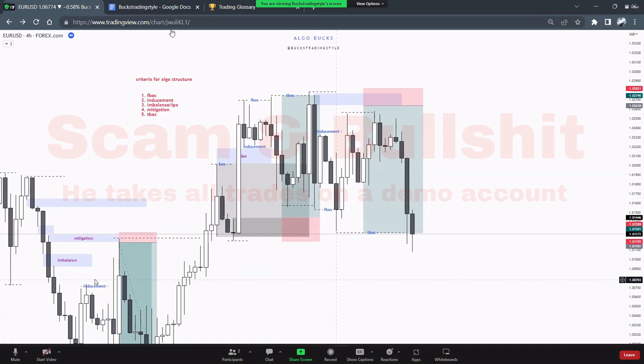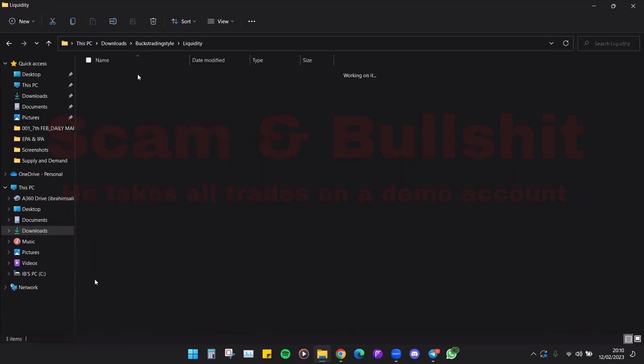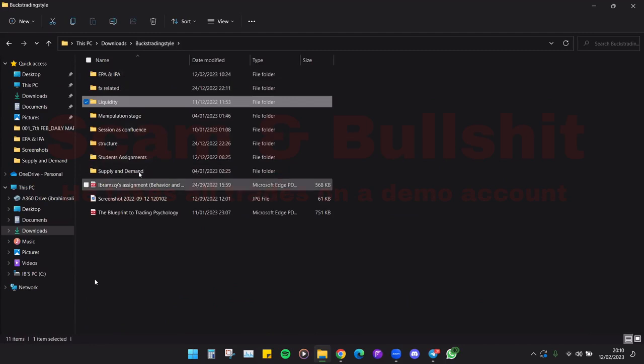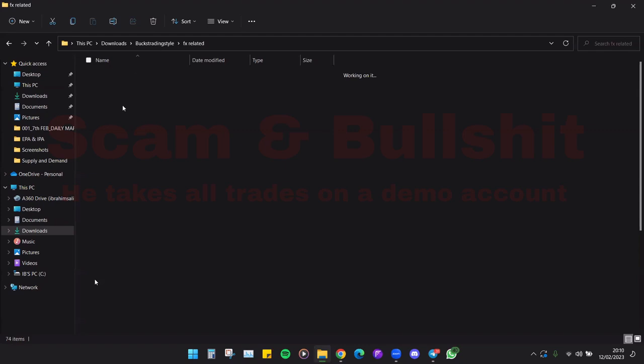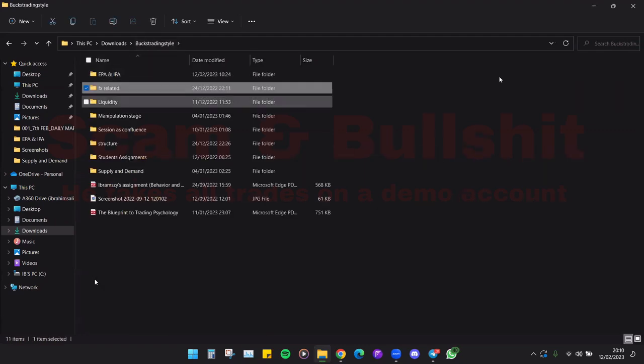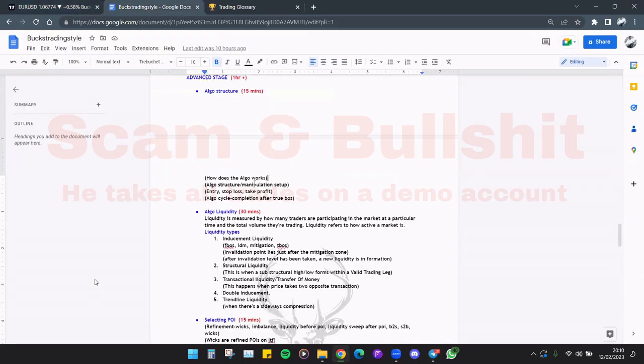So let's look at the algo liquidity. Since we've already understood how the algo works, the manipulation setup, how to set your entry, stop loss, and take profit based on that particular time frame, and the completion after the true break of structure, now the algo liquidity types.